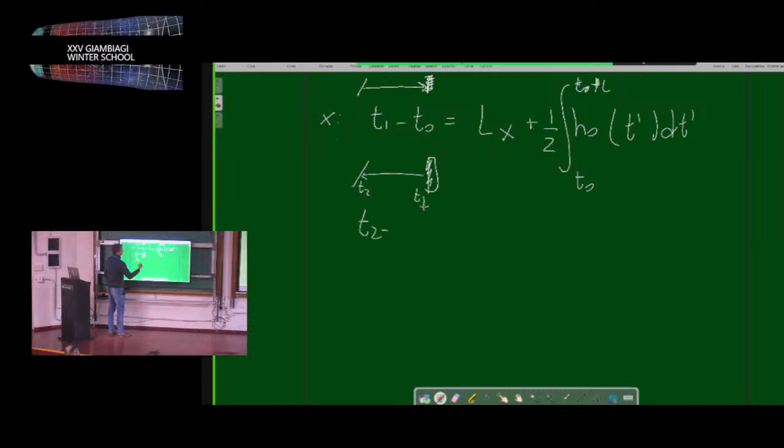T1 is the time when it arrives at the mirror, and T0 when it first left the beam splitter. T2 minus T1 will be, again, the same thing, plus 1/2, but now the integral is between T0 plus L and T0 plus 2L.